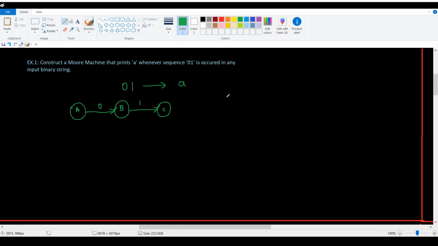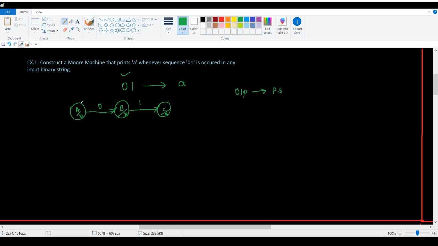Okay. And as we know, in Mealy machine, output depends on the present state. So let us assign the outputs. So whenever pattern 0 1 occurs, output should be the A, right? So for C state, output should be the A, right? Now other than C state, I will assign output to the state B. Okay. Now let us apply the different input combination at each state.